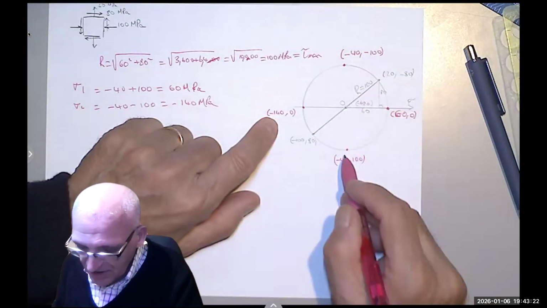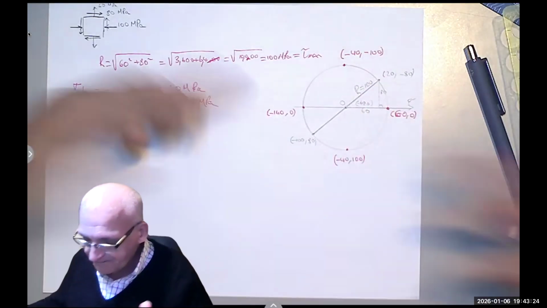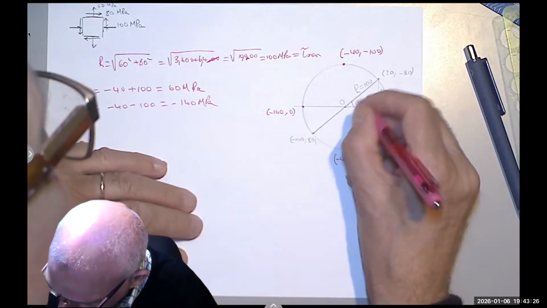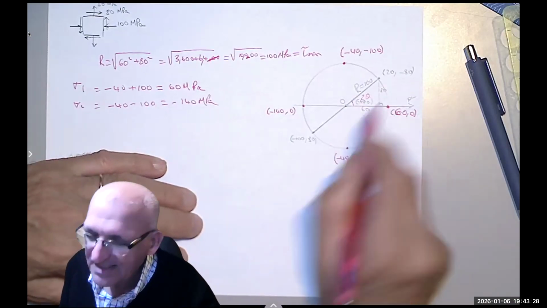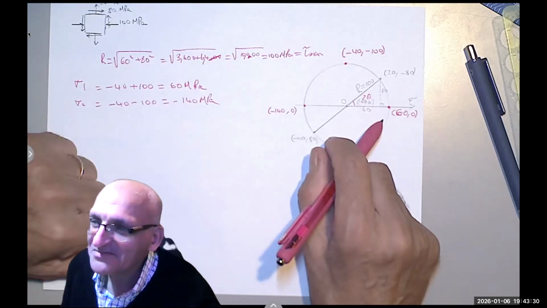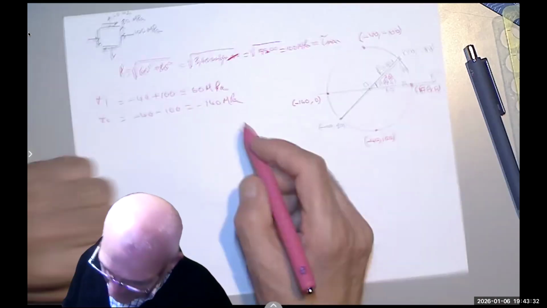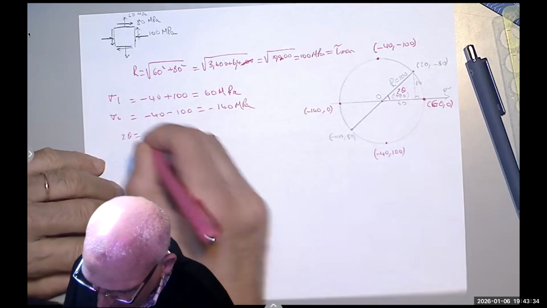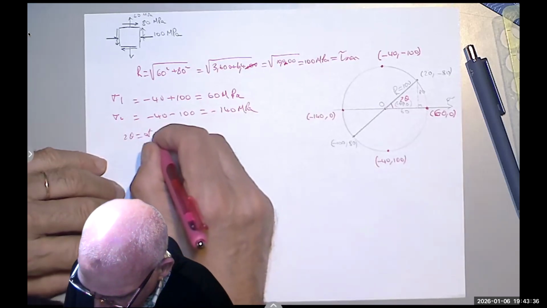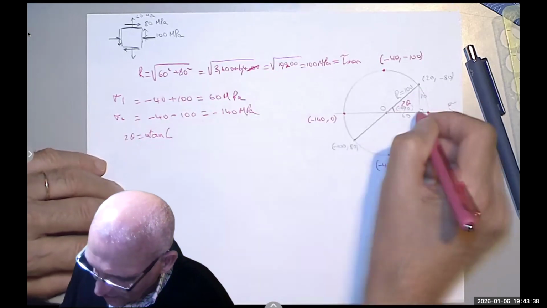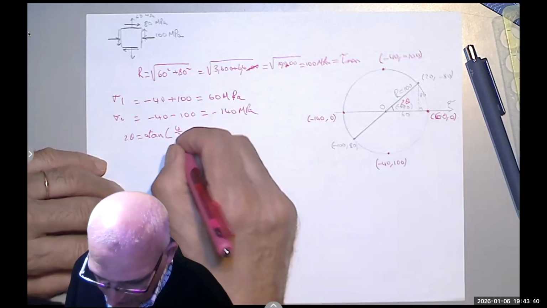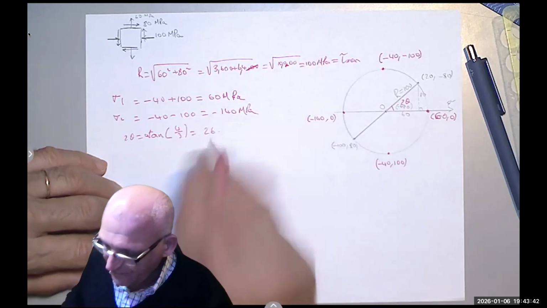Maximum shear is 100. And this is 2 theta. Oh my God, it's exactly the same. I should have changed the numbers. But 2 theta equals arctan of 80 over 60, which is again 4/3. So it's 26.56, right?